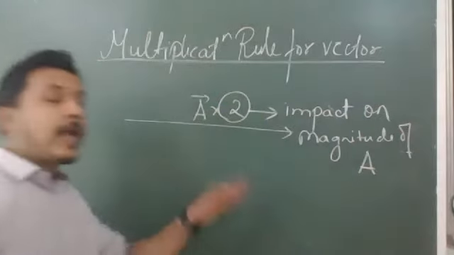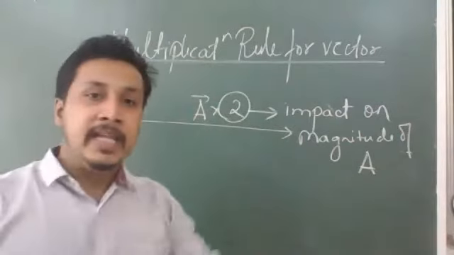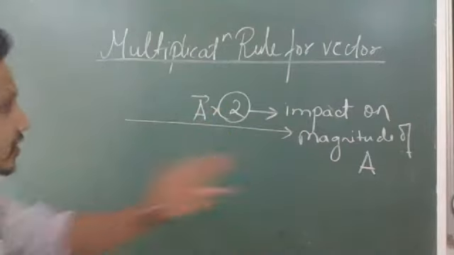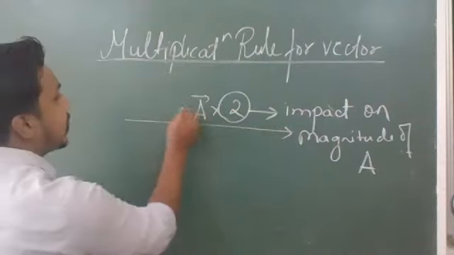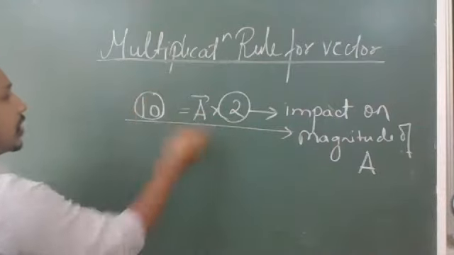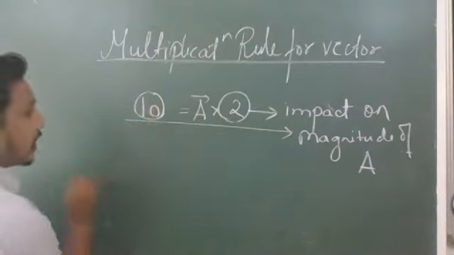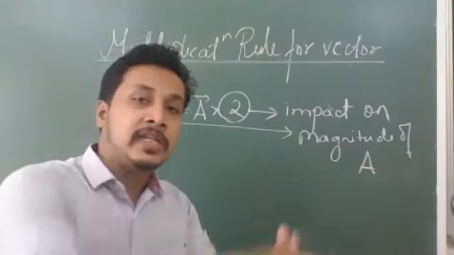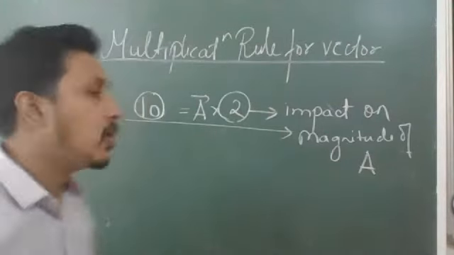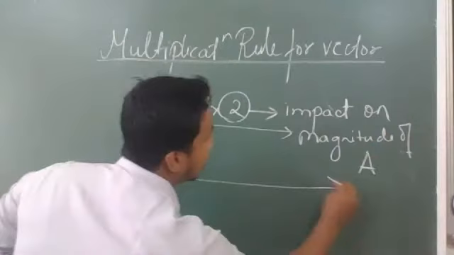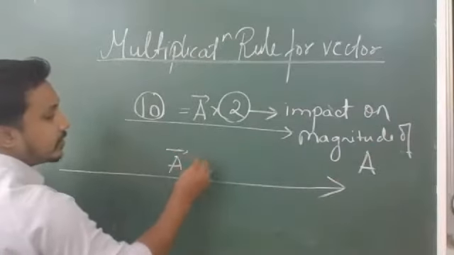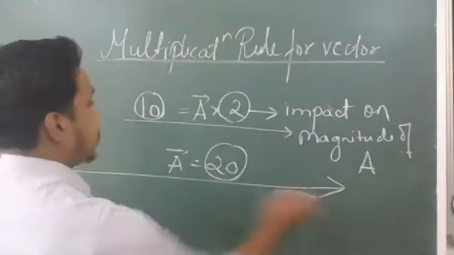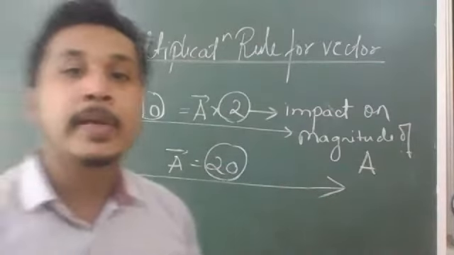By multiplying 2 with the vector a, the magnitude of the vector will double. For example, if a is equal to 10 and I multiply by 2, I get 20. If the magnitude has changed, the length of the vector will also change, so the new length of the vector will be 20. You can easily see the length has been doubled by multiplying with the real number.